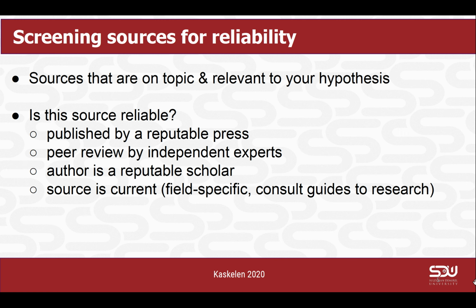Okay, once you found those things that seem to be on your topic and relevant to your hypothesis, then you have to screen those sources for reliability. Your job is to use only reliable sources for your literature review and really for your research in general. So how do you identify whether a source is reliable?